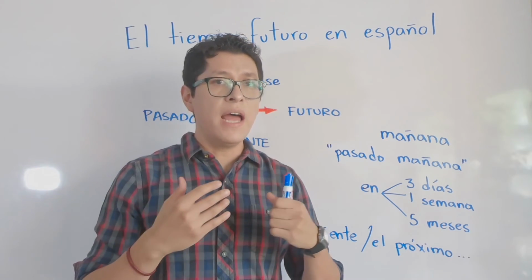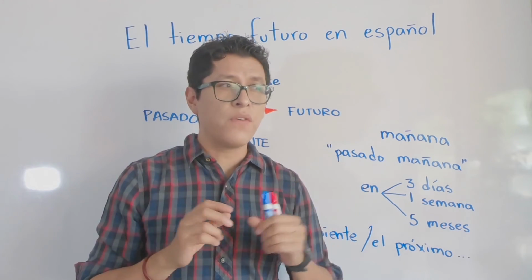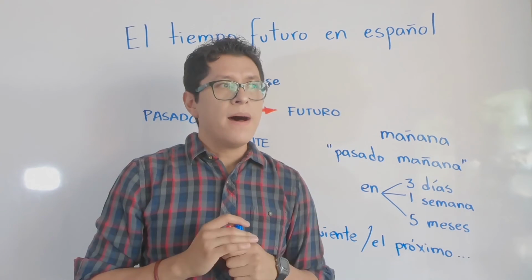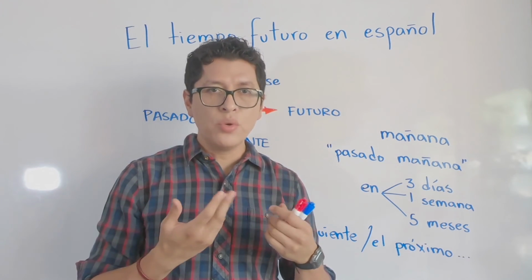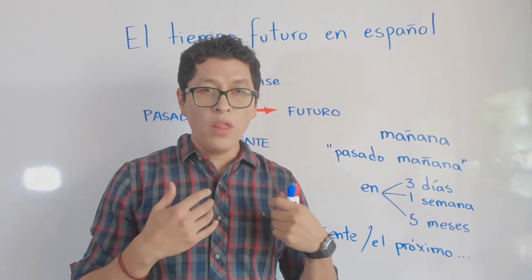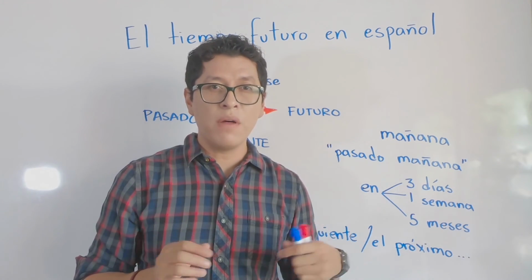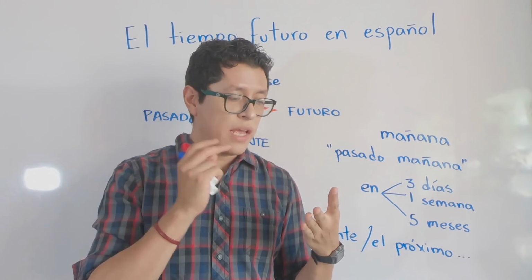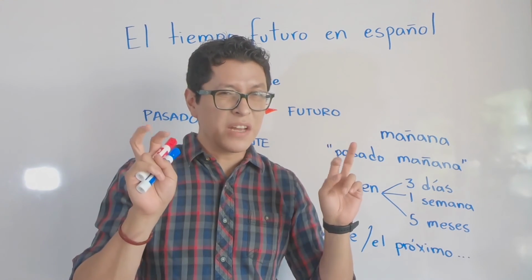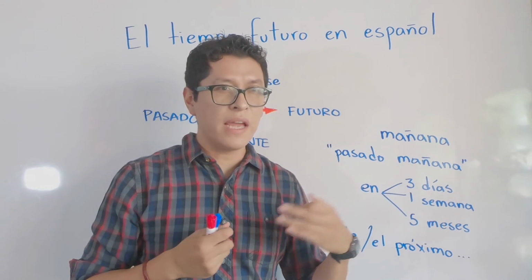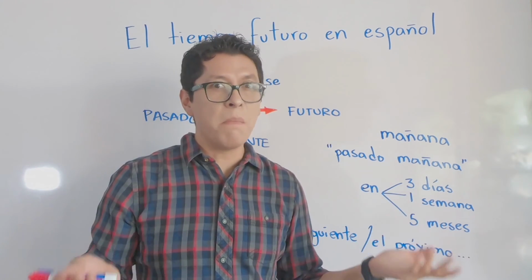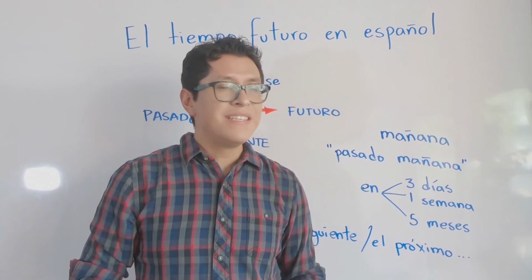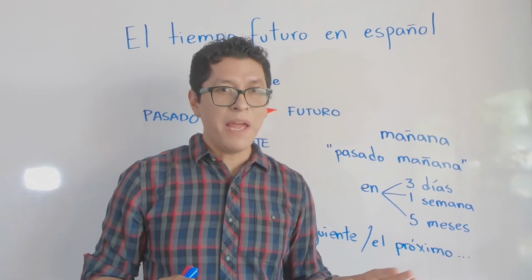Now let me tell you something. In English and in Spanish, the usage of these forms is actually different. In English, when you use the form going to and the form will, or all the rest of the forms that you have to talk about the future, like may, like might, and also sometimes you can use the present continuous form to talk about the future, like I'm traveling next month, right? That doesn't work in Spanish, okay?